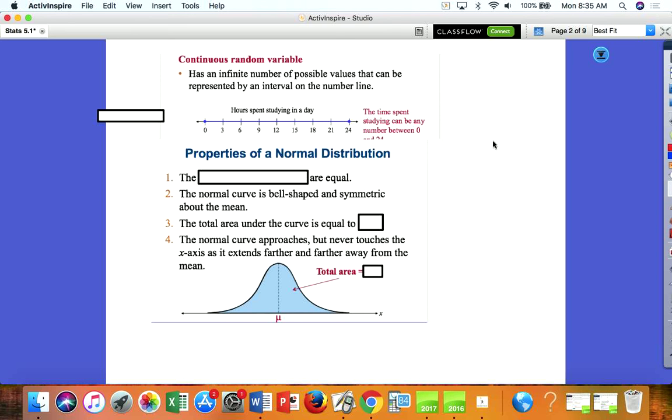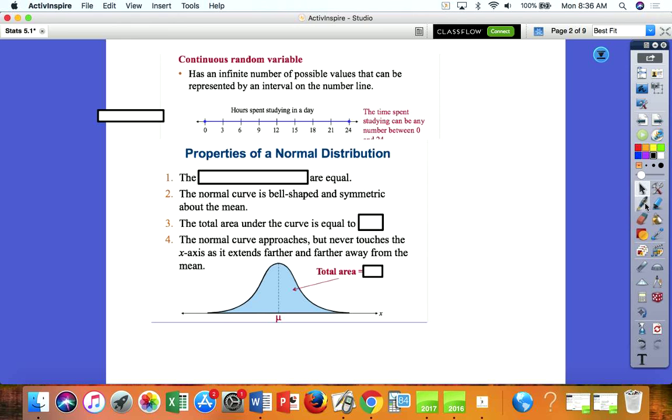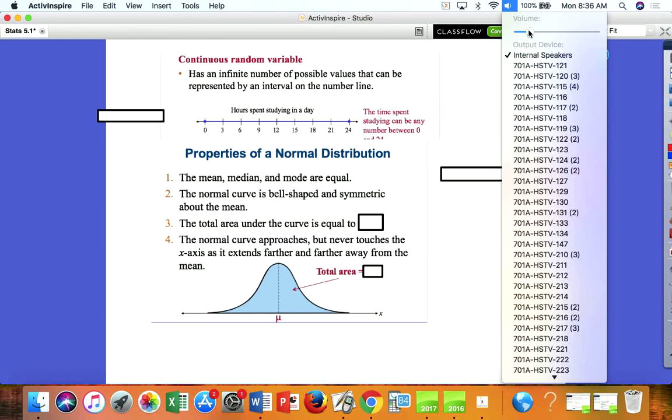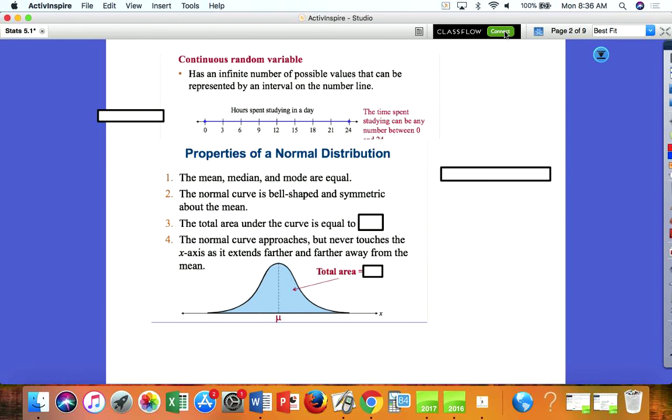In a normal distribution, the mean, median, and mode are all the same. And where are they at? Right. Whatever this value on this axis is, that's going to be your mean, median, and mode. They're all the same thing. We call this a bell-shaped distribution, and it's the same on the left as it is on the right.